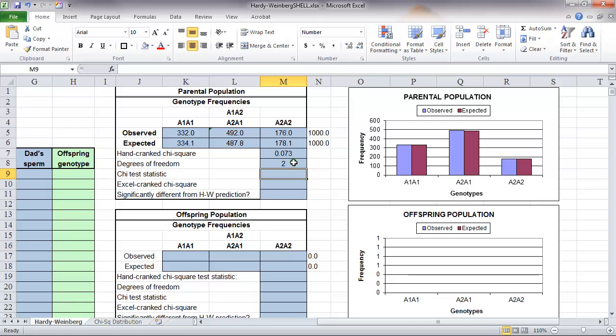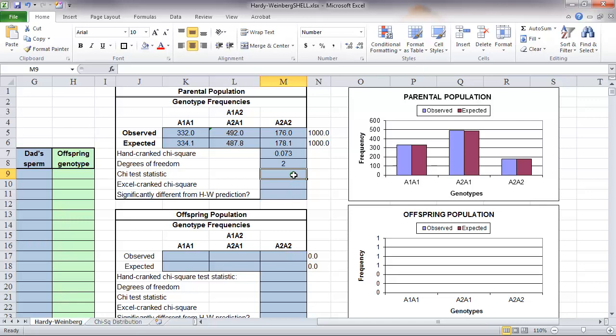The way to calculate that is the number of columns minus 1. We have 3 columns of data, and subtracting 1 gives 2. You multiply that result by the number of rows minus 1. There are 2 rows of data here, subtract 1. And so we're left with 2 degrees of freedom.